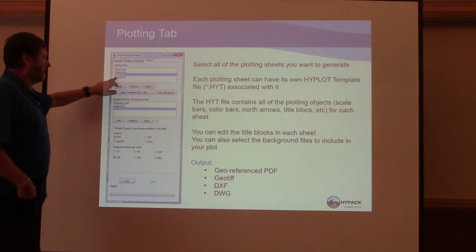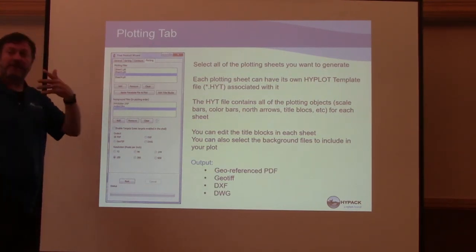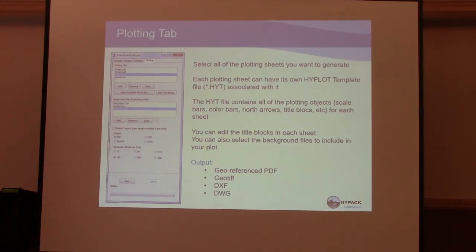Up here with the plotting sheet, if you highlight a sheet, you can apply those templates that I talked about from HYPACK. So it'll bring in the color styles, the sounding styles, the colors, the plot sheet files, color bars, and so on, and put them in the proper place as you want.